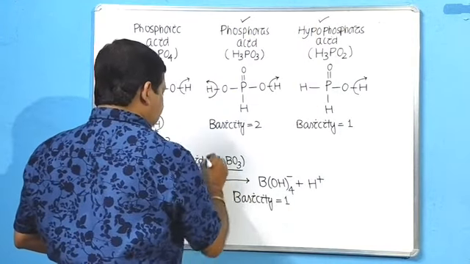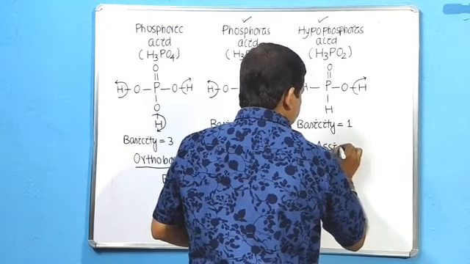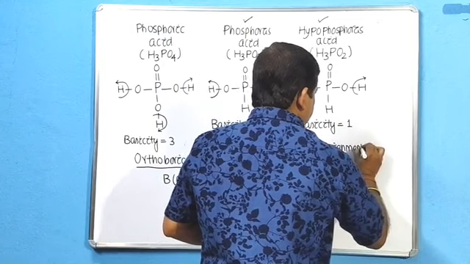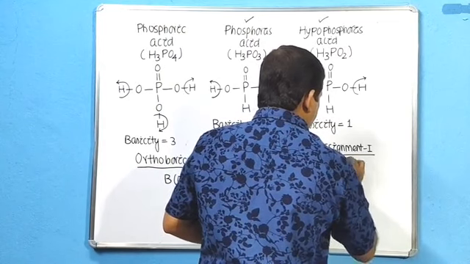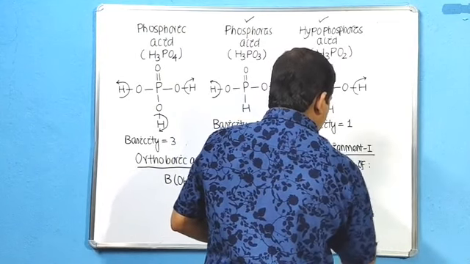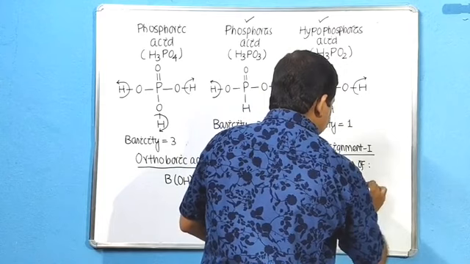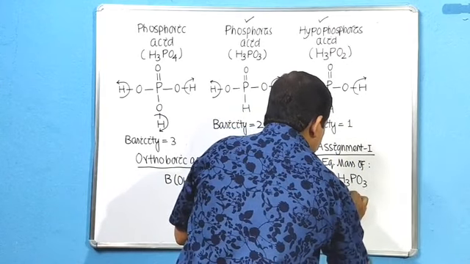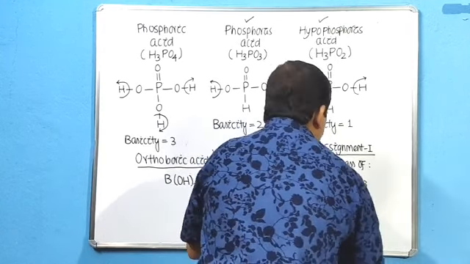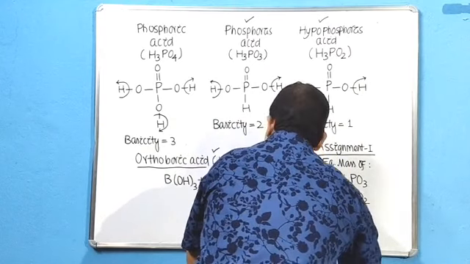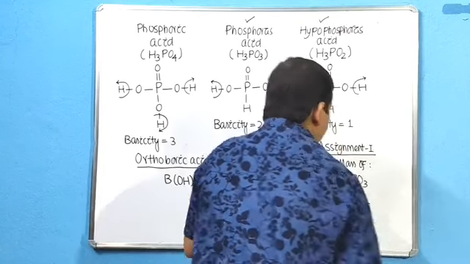Assignment 1: calculate the equivalent mass of H3PO3, that is phosphorus acid, then H3PO2, that is hypophosphorus acid, then H3BO3, that is orthoboric acid.